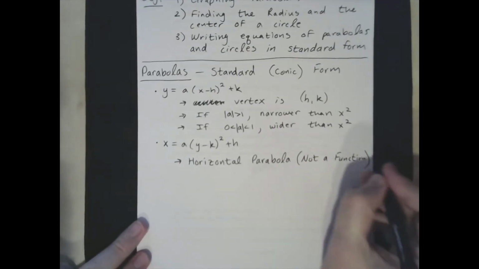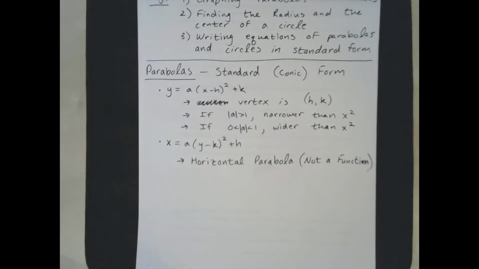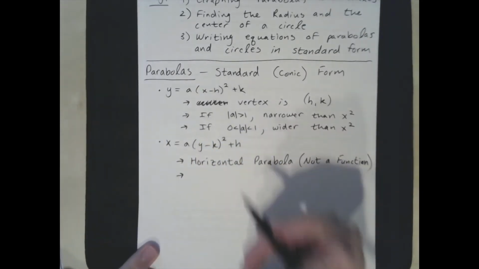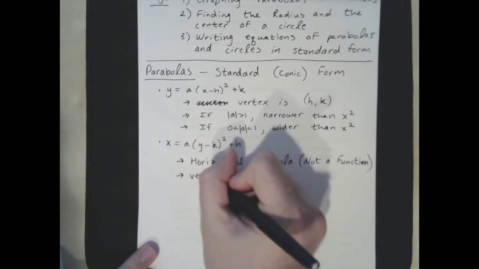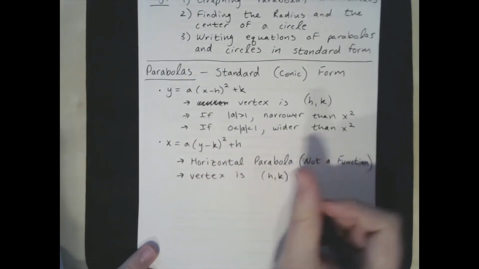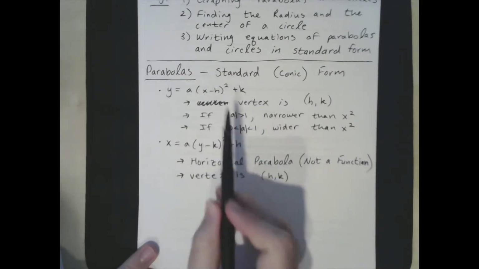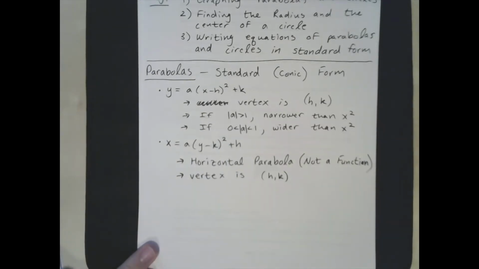So one thing to get out of the way now is that all of our conics, except for this standard parabola, are not functions. None of them will pass the vertical line test, starting with the horizontal parabola. With the horizontal parabola, we don't need to learn new definitions for the variables. The vertex is still h comma k. We just have to recognize that the h is on the outside, opposite of this, and the k is on the inside, opposite of the other one.